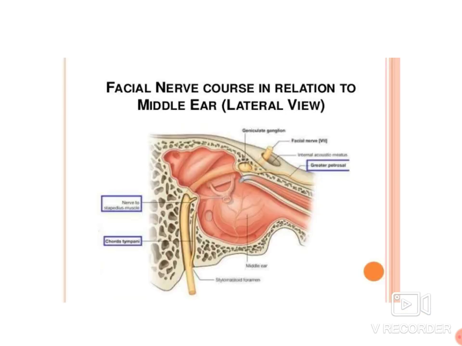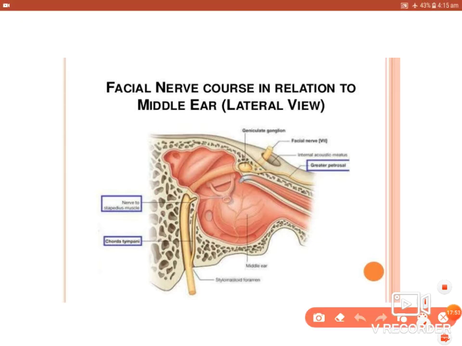Also here in the posterior wall, this is the epitympanic recess. There you can see the prominence of the lateral semicircular canal. Then this is the prominence of the facial nerve. This is the oblique course of the facial nerve, and this is the vertical course.